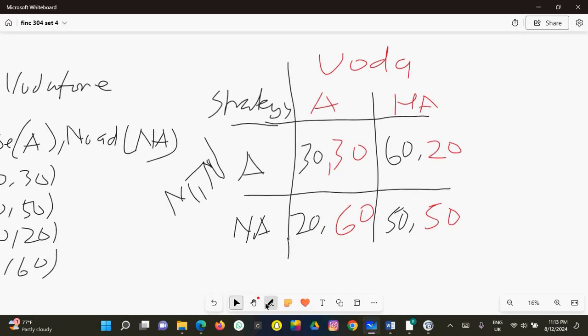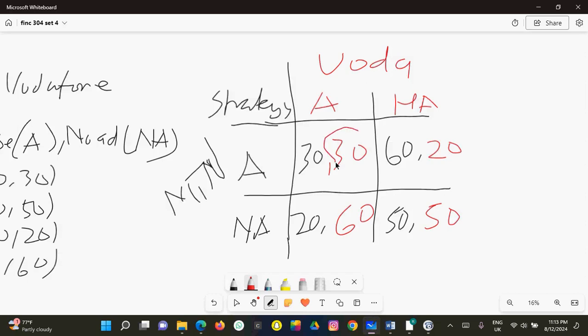If MTN decides to choose advertisement, Vodafone has the choice between advertise and not to advertise. If Vodafone chooses to advertise, Vodafone will get 30. If Vodafone chooses not to advertise, Vodafone will get 20. So Vodafone is going to advertise and get 30.